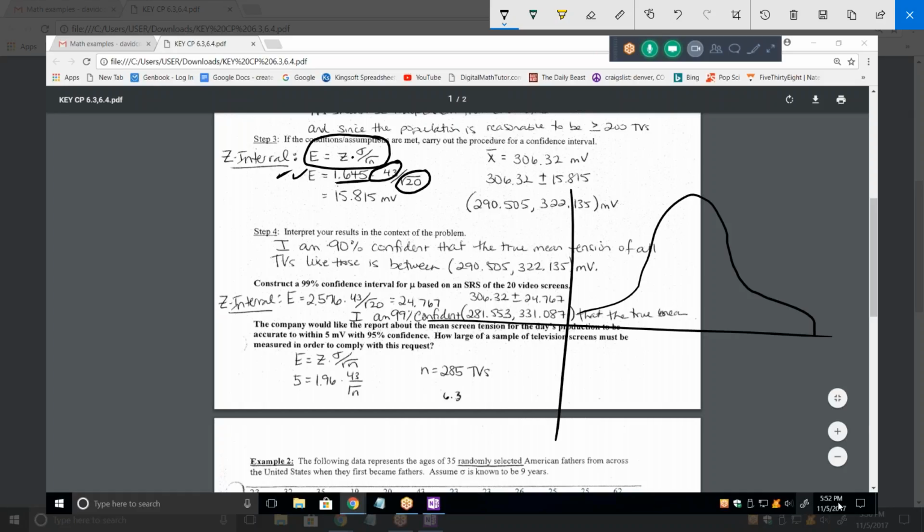What I'm looking for is where 90% of the curve is under that. That means 5% is there and 5% is there. Well, if I go to a z table, everything to the left of that point is 95%.